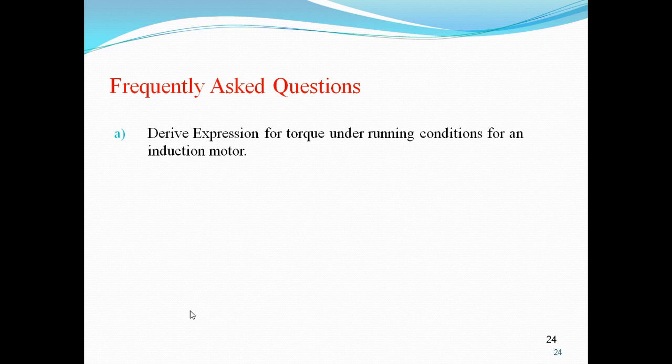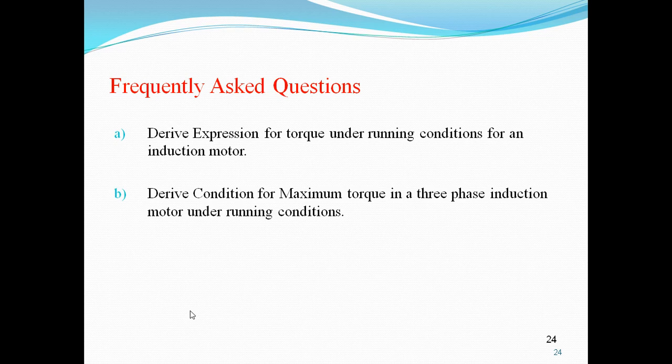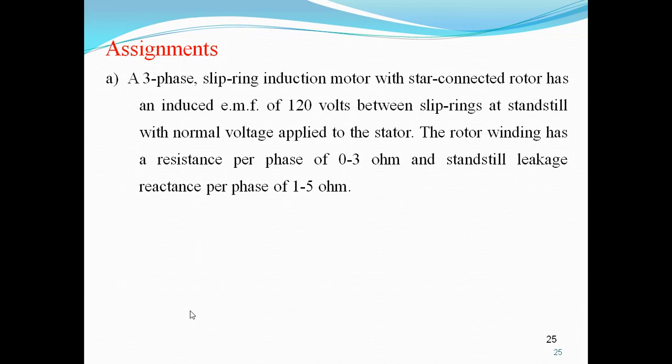Full torque you have to derive; this you will get for 5 marks or 10 marks. Next question is to derive the condition for maximum torque in a three-phase induction motor under running condition. The condition for maximum torque is R2 is equal to S X2. So take this assignment.